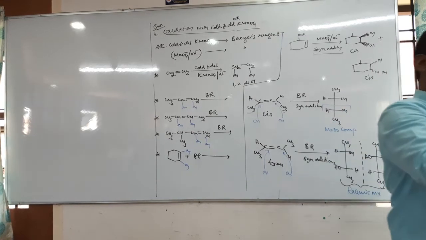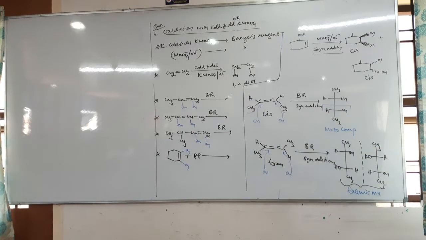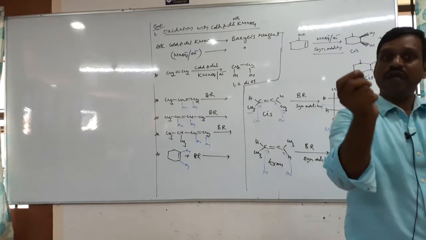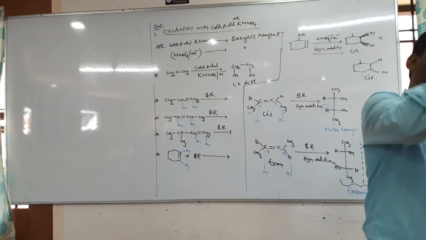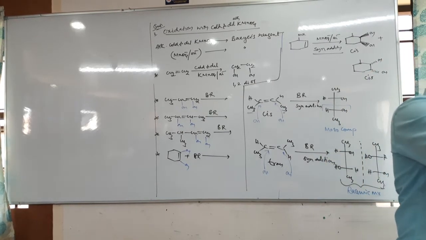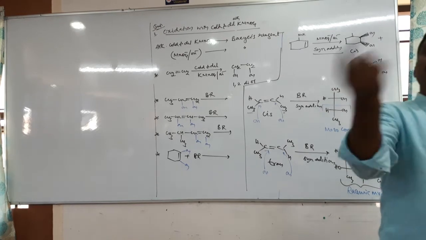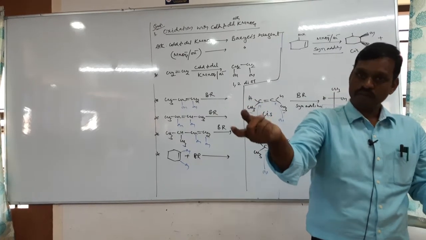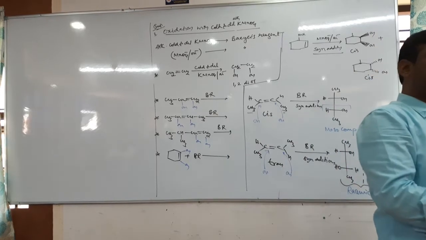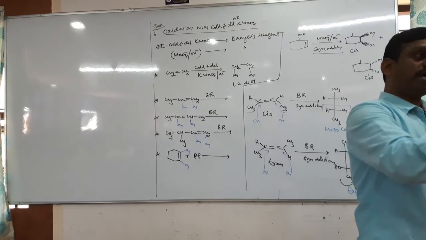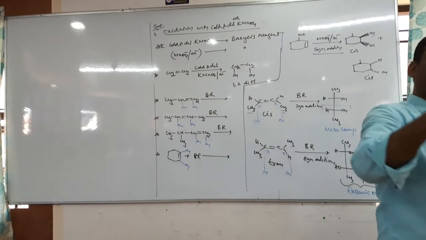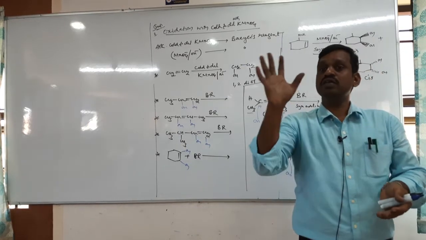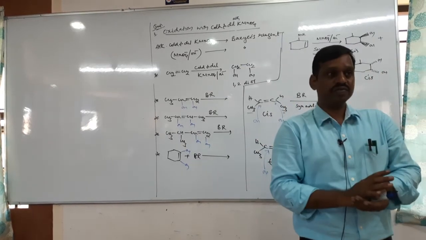Bromine liquid is a reddish brown color liquid. When we add bromine to the alkene or alkyne, both will decolorize the reddish brown color of bromine. It means when bromine reacts with alkene and alkyne, it loses its color. That is called color discharge.